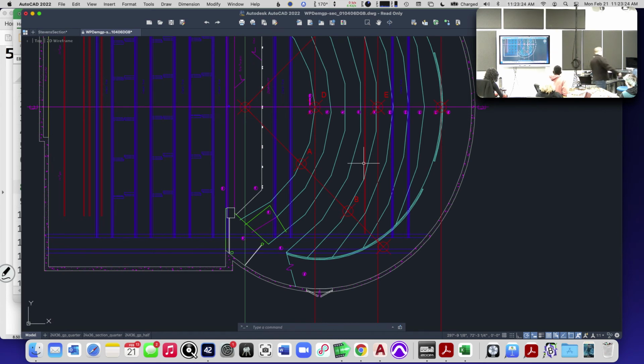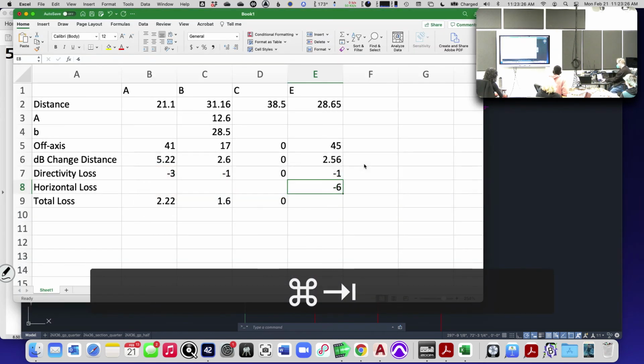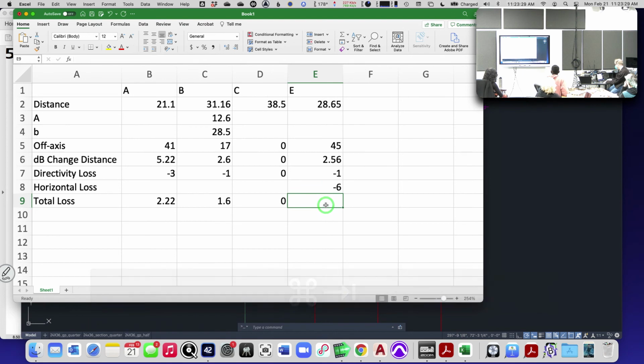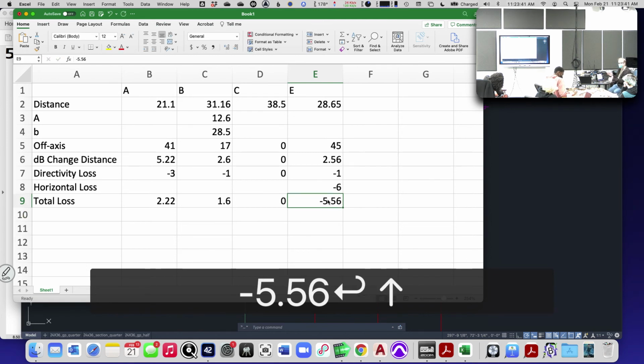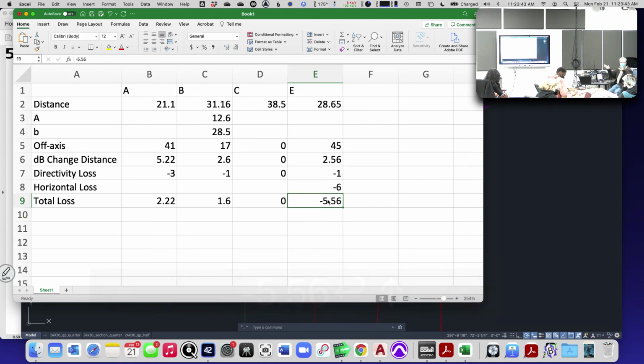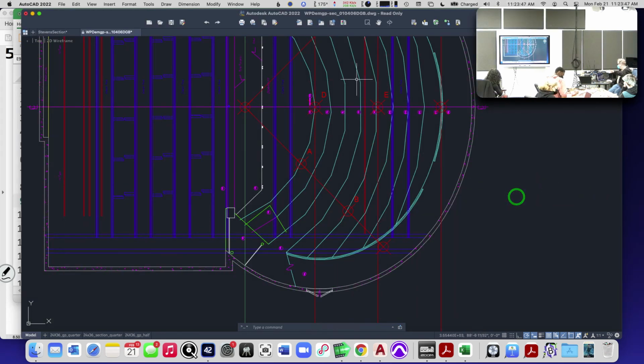So total loss is -7 and 2.56, so -5.56 comparatively speaking. But we also know that eventually we're going to have a copy of this thing over on the other side, and it's also going to have a 6 dB down point here at that middle.